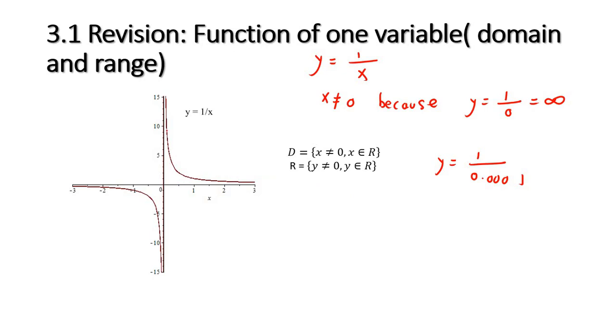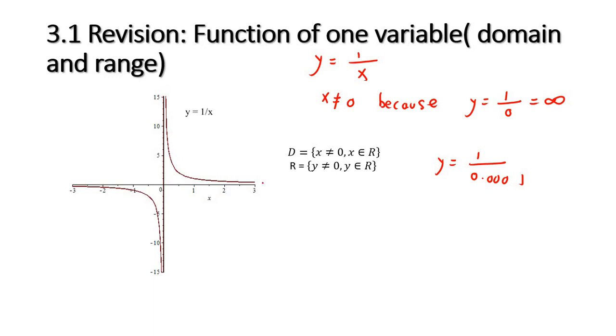You should get a very big value. When y approaches 0, y is a very small value. 1 divided by a very small number, you get a very big number. That's why it goes to infinity. So when x approaches 0, y approaches positive infinity.